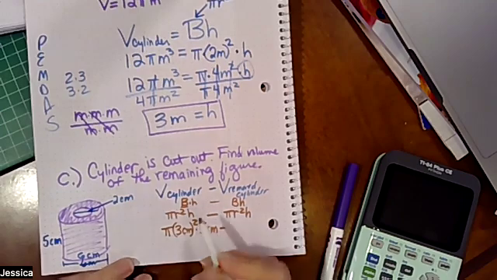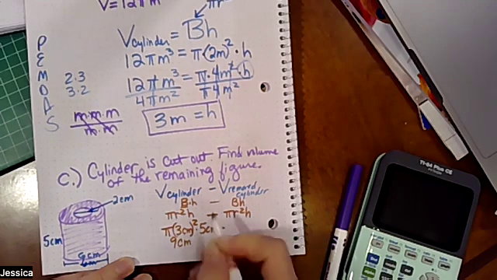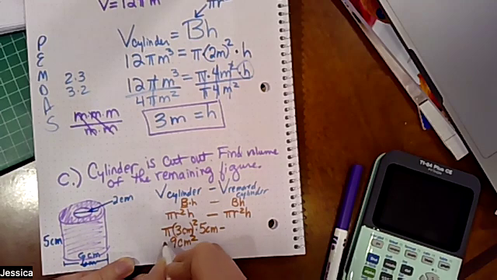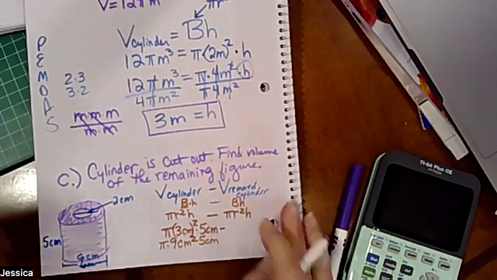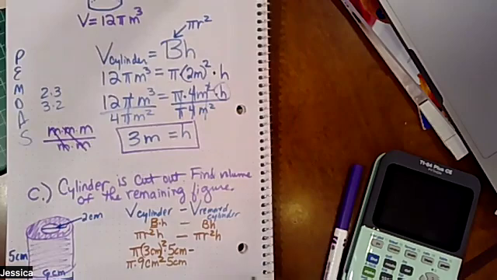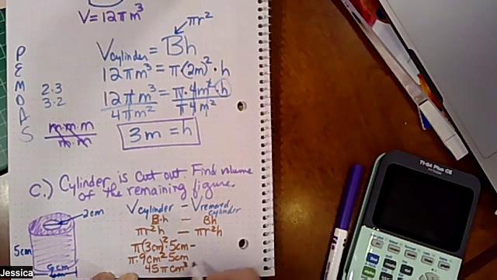Well, let's go ahead and clean that up. 3 centimeters squared is going to be 9 centimeters squared, I've still got pi over here, times the 5 centimeters. Okay, and then 9 times the 5 is 45. Don't forget the pi, and centimeters squared times centimeters is centimeters cubed.